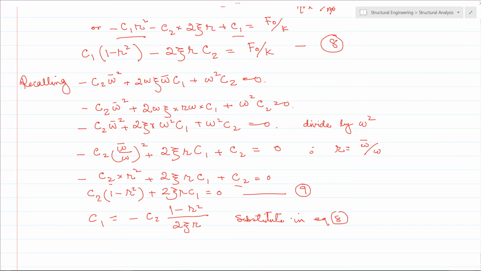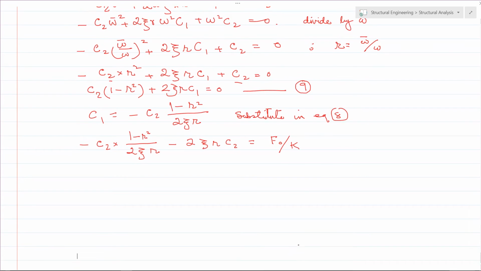So what we will get for C1 is minus C2 times 1 minus r square over 2 xi c r, minus 2 xi c r C2 is equal to F naught over k.